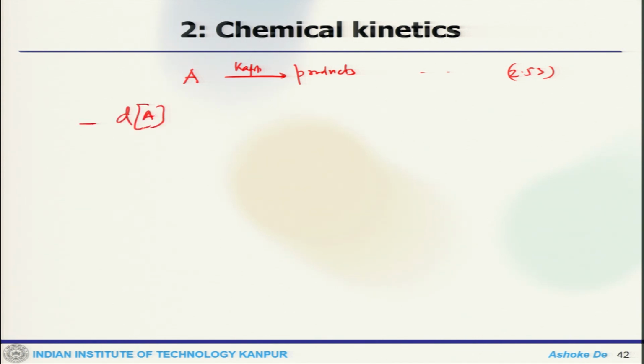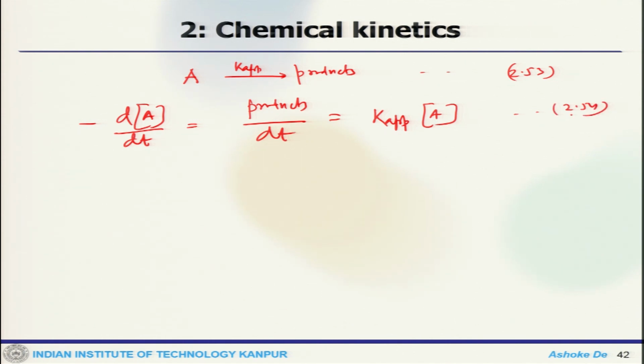So, one may write like dA by dt equals to d products by dt equals to K app into A. So, this is alternative way of writing the production of products. So, K app is nothing but the apparent unimolecular rate coefficient.